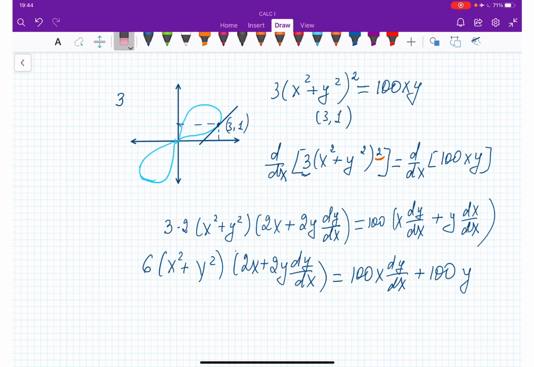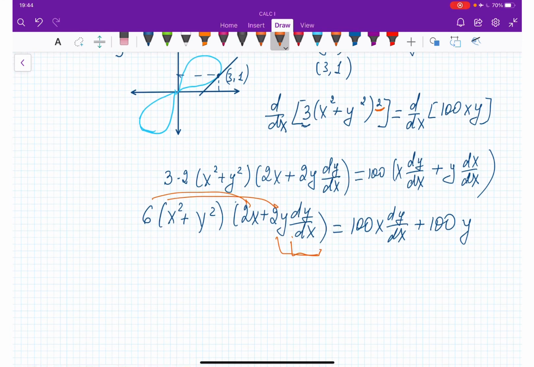Now, what am I doing here? I'm going to multiply this 6 by this parenthesis. Okay? Not by this one. No. By this one. Why by the second parenthesis? Because I need dy by dx, and this dy by dx I need to release from there.